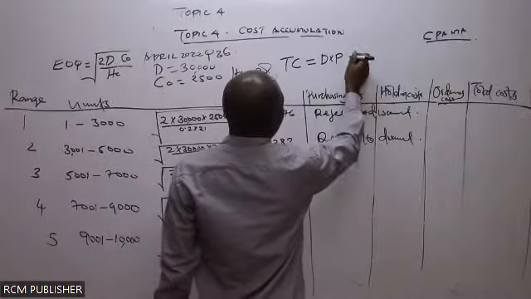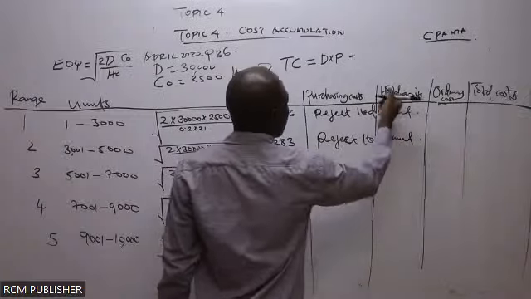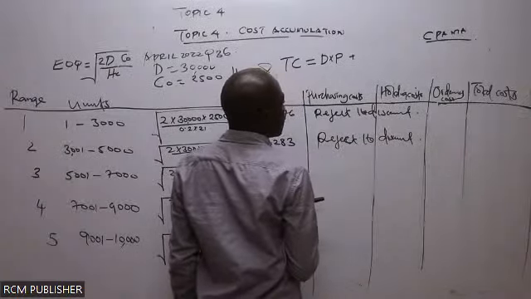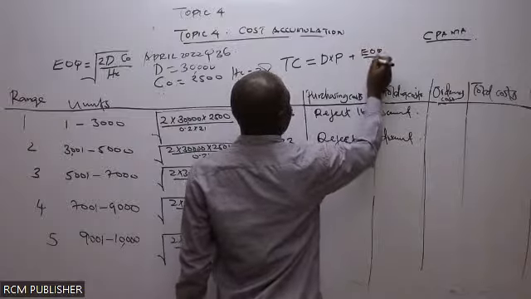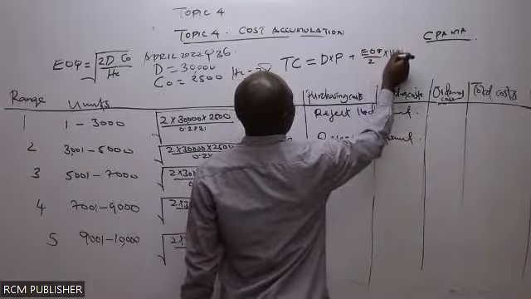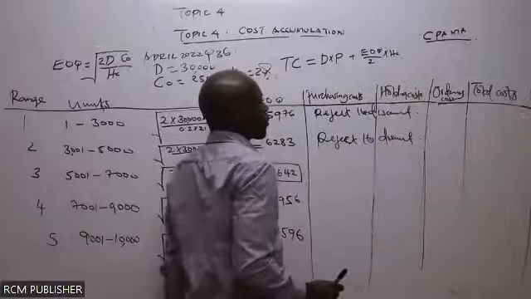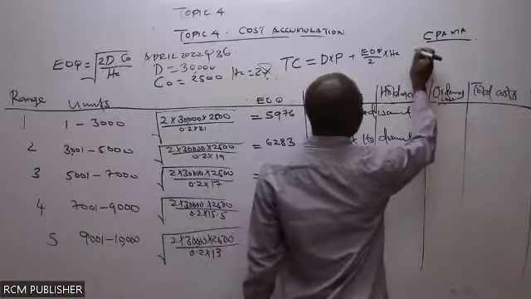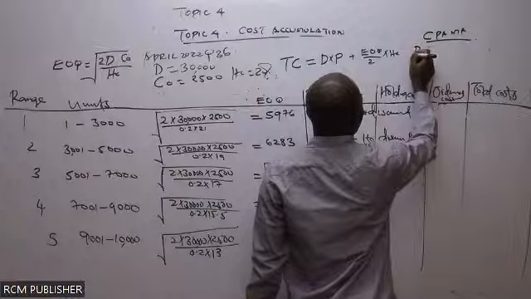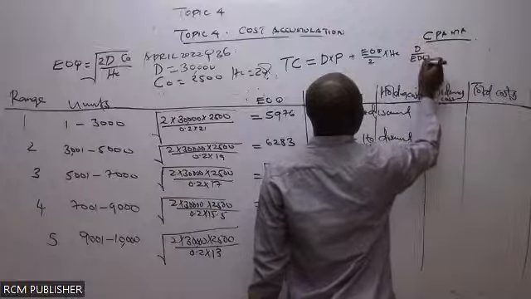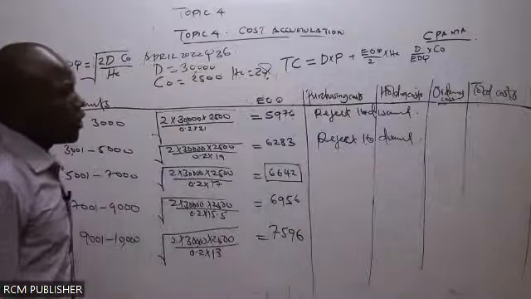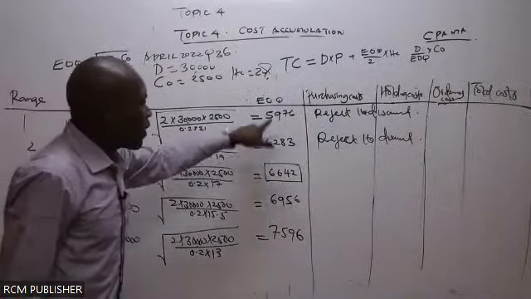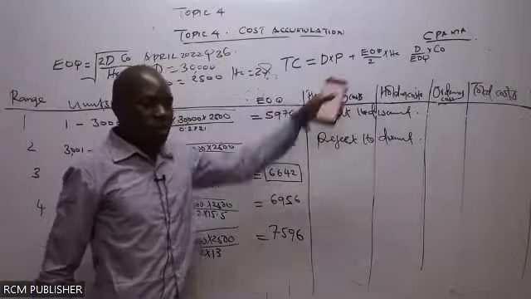Then we add holding cost, which is equivalent to economic order quantity divided by 2, then I multiply by holding cost. What do I need for the ordering cost? It is demand over economic order quantity, then I multiply by ordering cost. So as you can see, the figure that I'm going to apply there is very important.